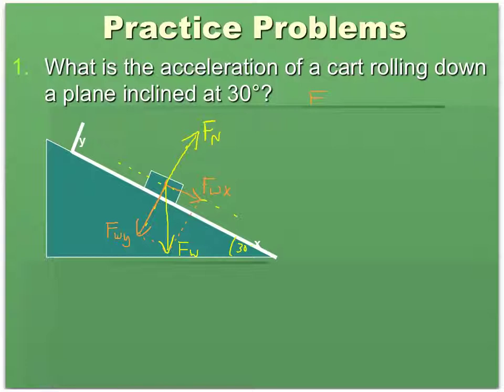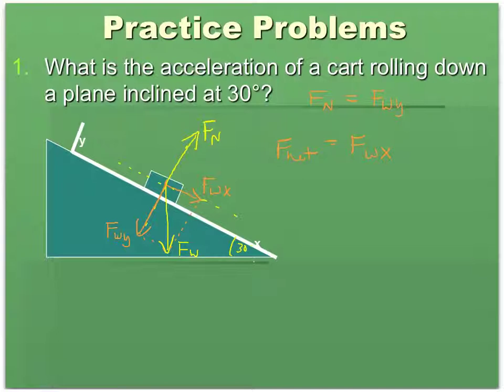And so what that tells me is that my normal force is equal and opposite to FWY. So since they're equal in magnitude but opposite in direction, they will cancel each other out. And so the only net force that I have acting on this object then is my X component for weight.